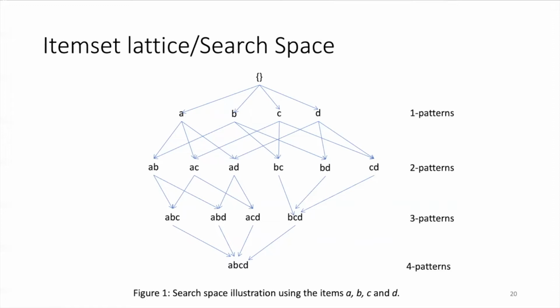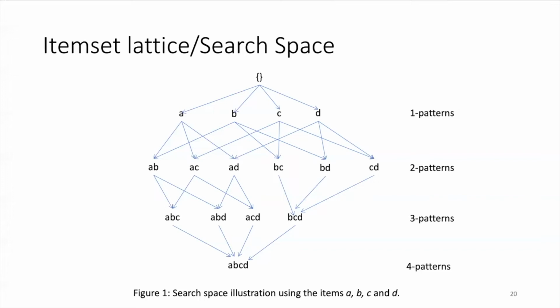Assume we have 4 items, A, B, C, D. The itemset lattice of these 4 items represents the search space. So the size of the search space is 2 power n minus 1. So in this case, it is 2 power 4 minus 1. So that is the itemset lattice or the search space for frequent pattern mining.